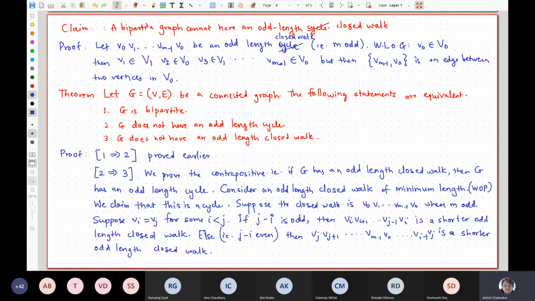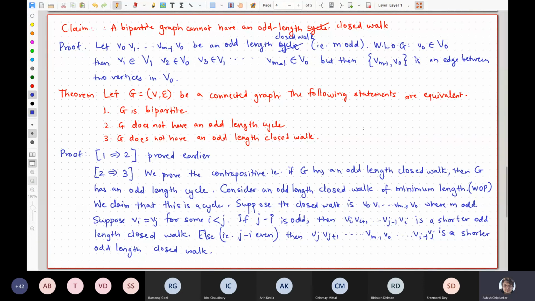Right, so basically what we are doing is we are looking at the closed walk, and if some vertex is repeated, then we are splitting it into two walks, right? But because the original walk had an odd length, one of the two walks must have an odd length, right? And then that walk is strictly smaller than the original walk, so that is a contradiction, right?